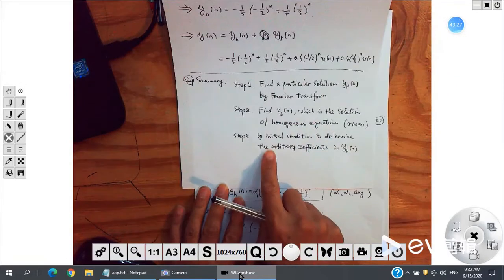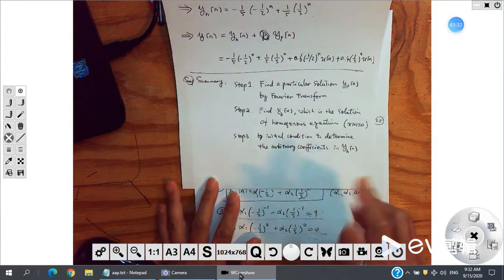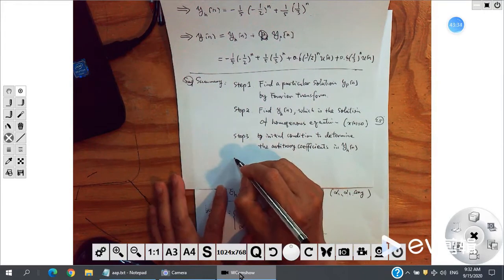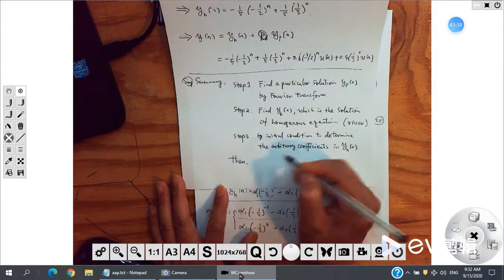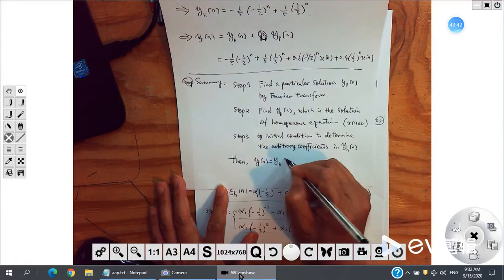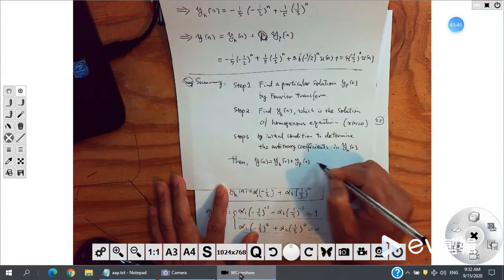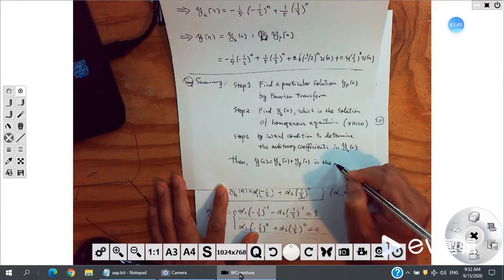You need to use the initial condition to determine. And finally, Y of n equals the homogeneous solution plus the particular solution. It is the result.